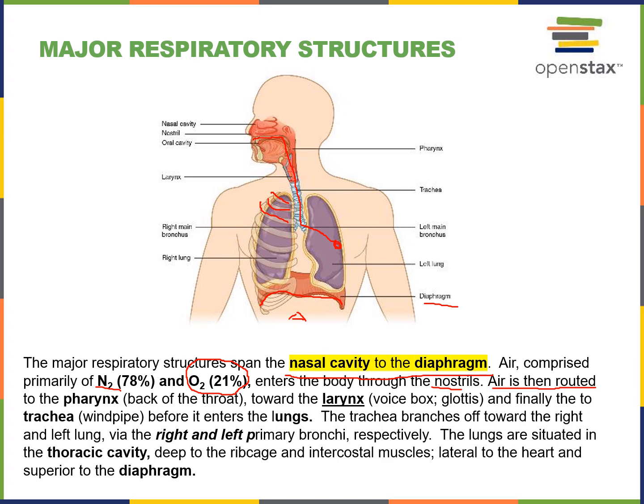The nasal passage, the entire respiratory passageway is lined by mucous membrane. So the mucous membrane is very moist, so that helps with the humidifying of the air. And underneath that membrane are lots of blood capillaries, and they help to warm the air.